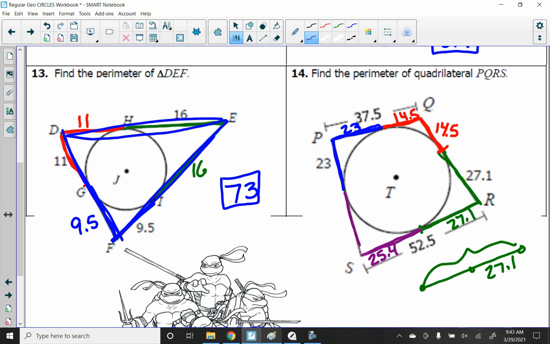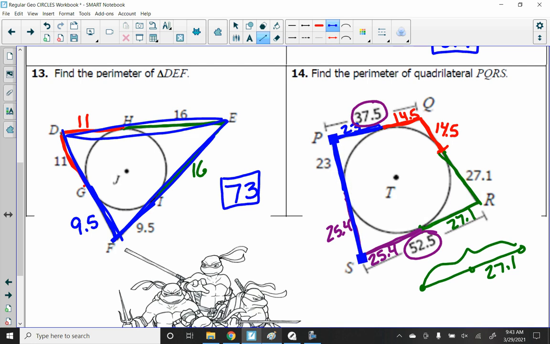Now I know this portion is 25.4, and we have a ton of numbers to add together. You can use the 37.5 and the 52.5 as two of your numbers because you already have those two sides. So this whole side here would just be a sum of the 23 and the 25.4.